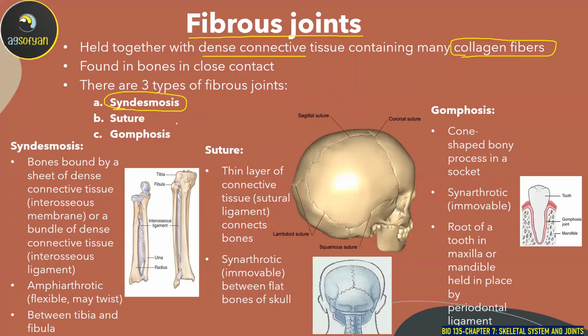So these syndesmoses are only located in two places in our body, which is between the tibia and fibula, okay, so between tibia and fibula here, and also between the radius and ulna.